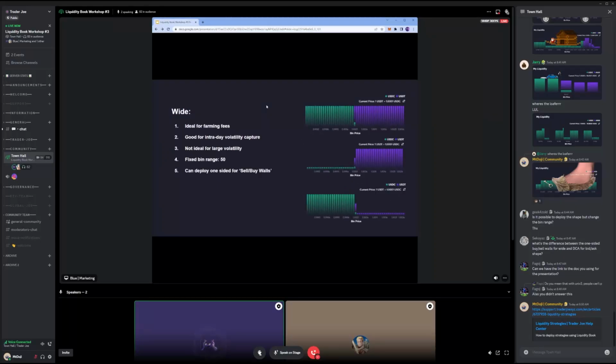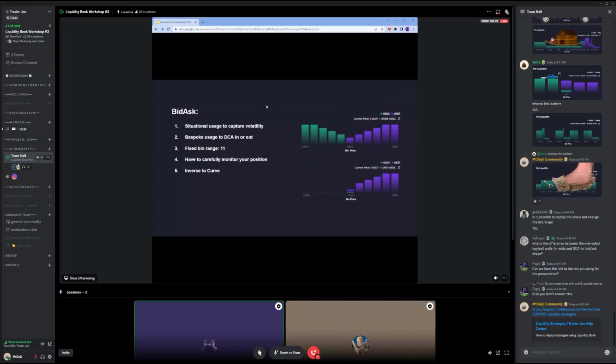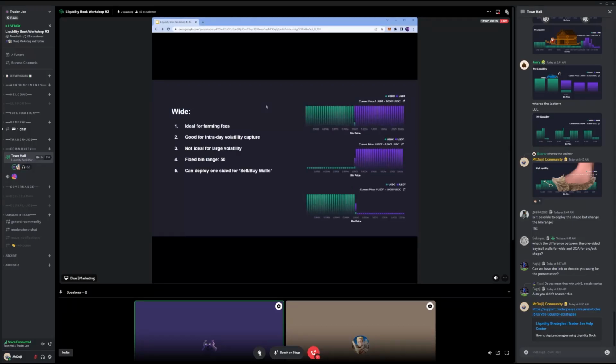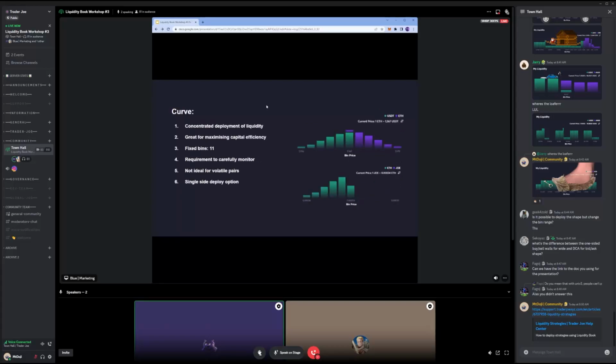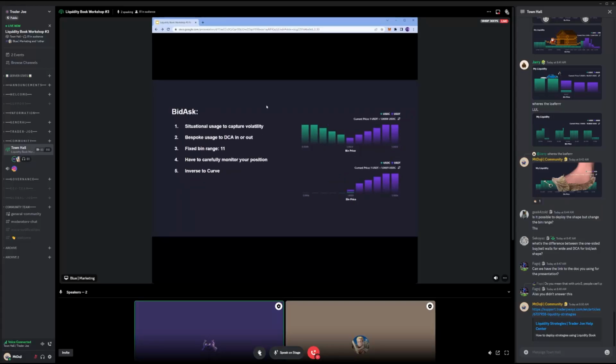With Wide, it's over a larger price range, so your liquidity covers 50 bins in total. The other key difference between these two shapes is that liquidity deployed in the Wide shape is what we call uniform. So each bin has the same amount of liquidity spread over it. That's why you can see the flat shape. Whereas using Bid Ask or Curve, it's not a uniform distribution of your liquidity.